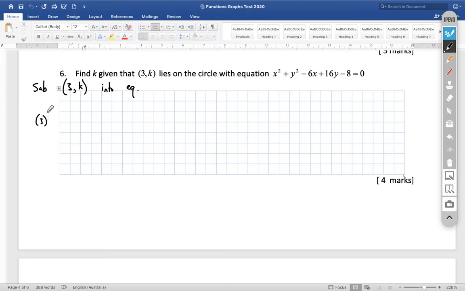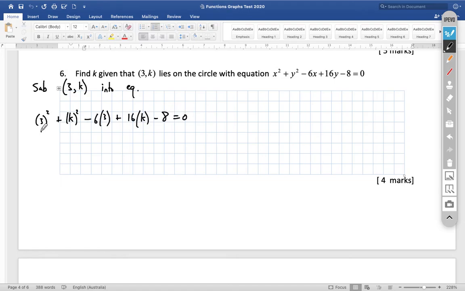So anytime I see an x, I'm going to write a 3. Anytime I see a y, I can make it a k. Minus 6, well that's 6x, x is 3, plus 16y, but y is k. And then I've got minus 8, and it equals 0.